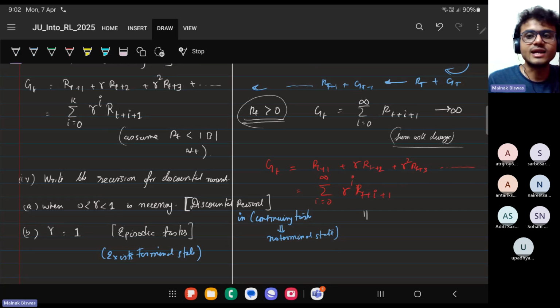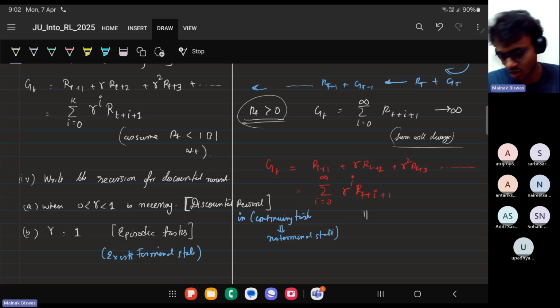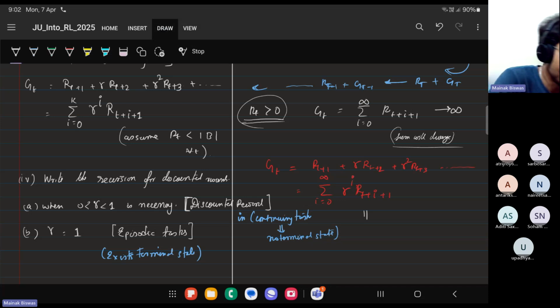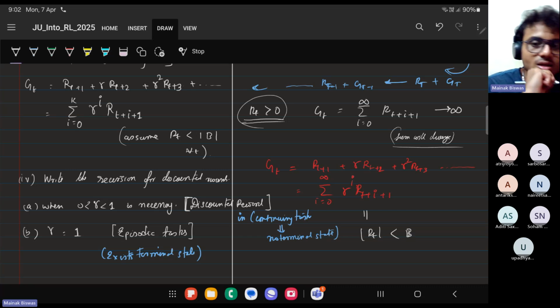So now I ask, what is the convergence guarantee of this return function? What is the guarantee that it will be finite? We will assume that the rewards r_t are bounded by some B. So the maximum you can get as a reward is say 10 rupees in a task, and it can't be more than that.